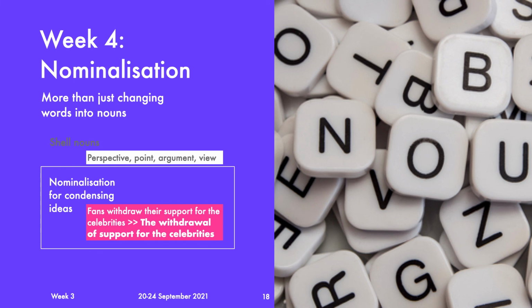For example, in the slide here, you have a sentence, fans withdraw the support for the celebrities. And after nominalization, the effect would be the withdrawal of support for the celebrities, or the withdrawal of support from the fans for the celebrities.